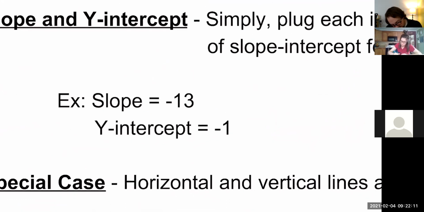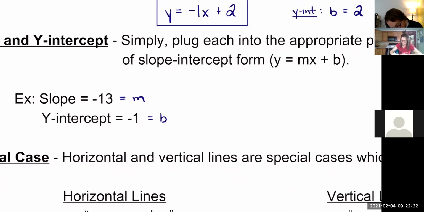So the slope, for example, is always going to be our M, and the y-intercept will always be our B. So running through that slope-intercept form yet again, this time we'll have y equals -13x - 1.